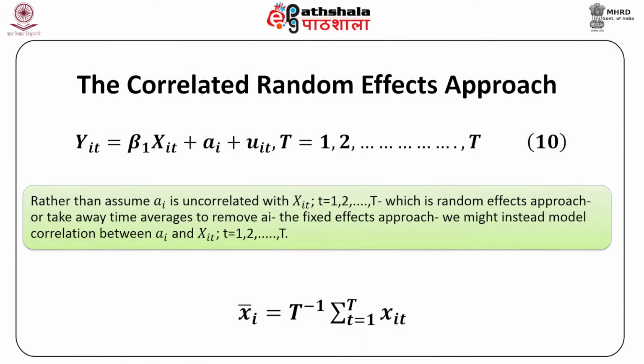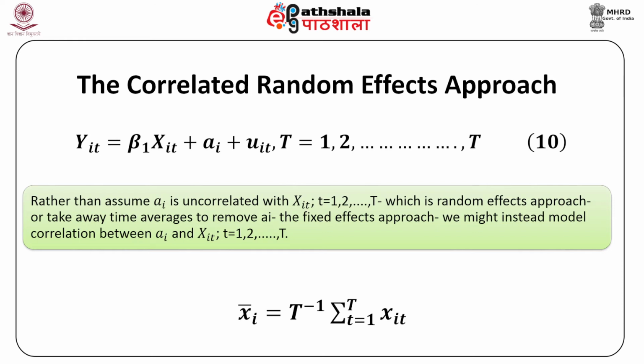To describe the approach, consider a model: y_it = beta_1 x_it + a_i + mu_it, t going from 1 to T. Rather than assume a_i is uncorrelated with x_it, which is the random effects approach, or take away time averages to remove a_i, the fixed effects approach, we might instead model correlation between a_i and x_it, t going from 1 to capital T. Because a_i is constant over time by definition, allowing it to be correlated with the average level of the x_it has certain appeal.